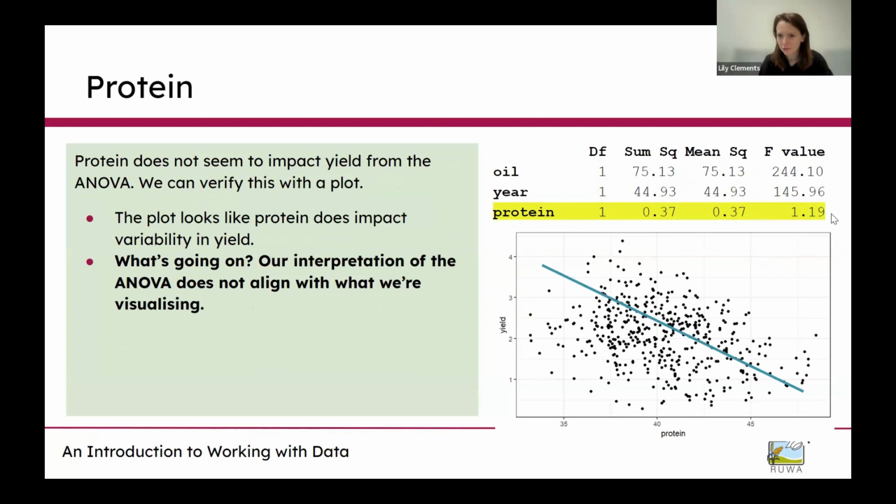This is incredibly interesting. Protein does not seem to impact yield from the ANOVA, but from the plot, it does look like it impacts yield. So what's going on here? Our interpretation of the ANOVA does not align with what we're visualizing.